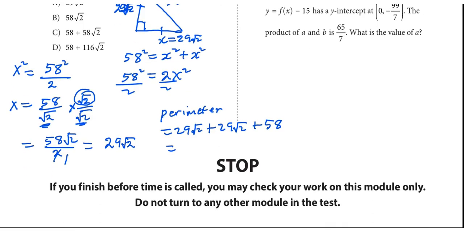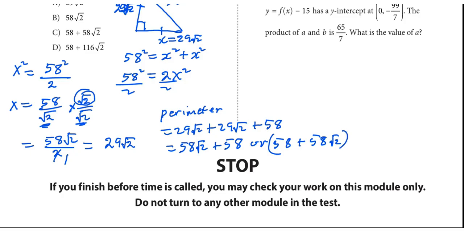So this will be equals to 58 root 2 plus 58, which can also be written as 58 plus 58 root 2.